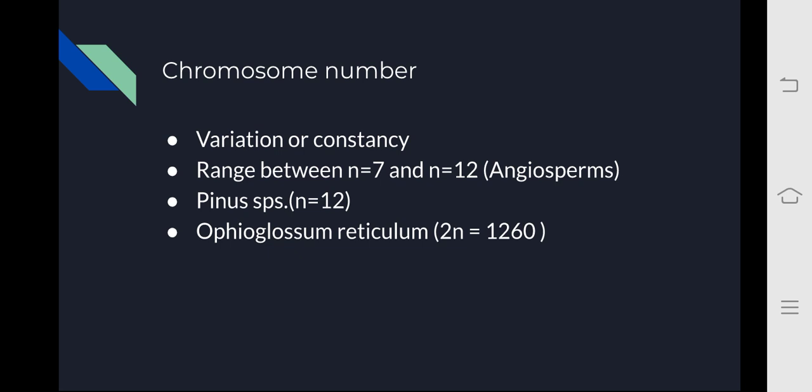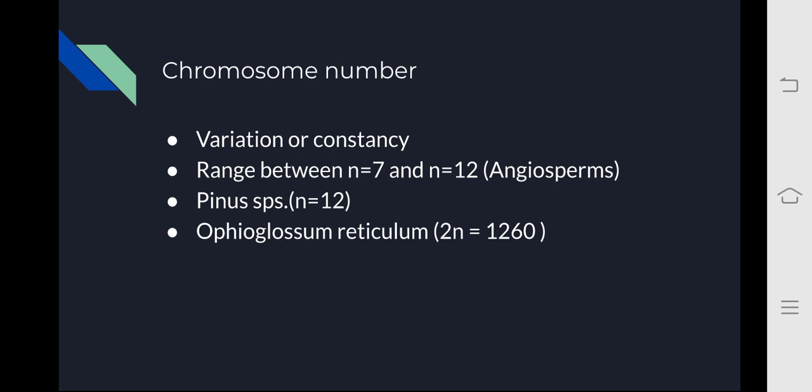When we look into variations, the majority of angiosperms show a range between n equal to 7 and n equal to 12 in the haploid chromosome number.